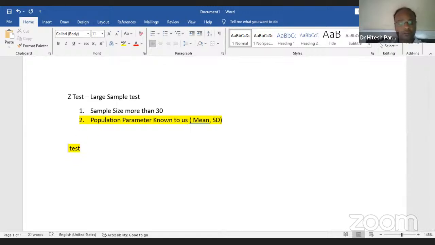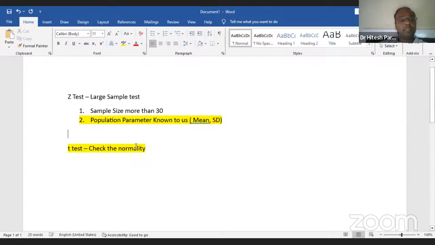If condition number 1 is fulfilled but condition number 2 is not, then you can apply t-test, but additionally, you need to check the condition of normality.